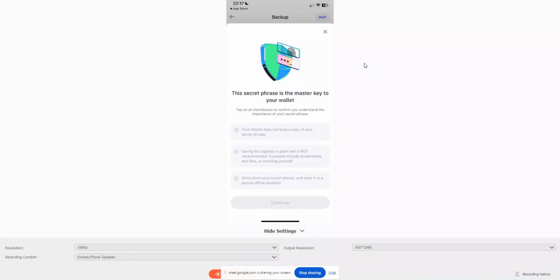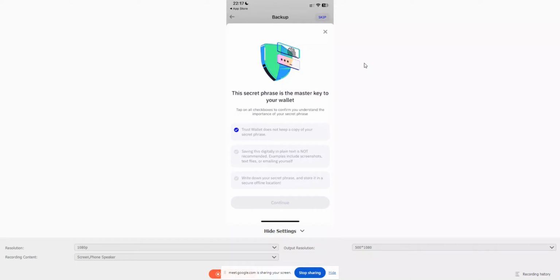Now, this secret phrase is the master key to your wallet. Tap on all checkboxes to confirm you understand the importance of your secret phrase. Number one, Trust Wallet does not keep a copy of your secret phrase. Number two, saving this digitally in plain text is not recommended. That's why I'm saying don't take a screenshot, don't take a photo.